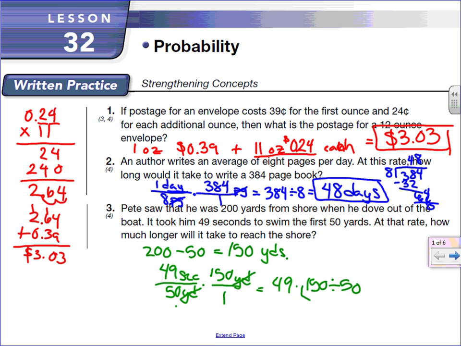So this part right here is 3. 150 divided by 50 is 3. So 49 times 3. Well, 50 times 3 would be 150, and then it's going to be 3 less than that, so 147 seconds.